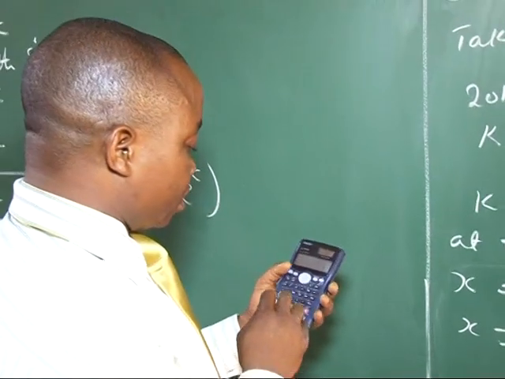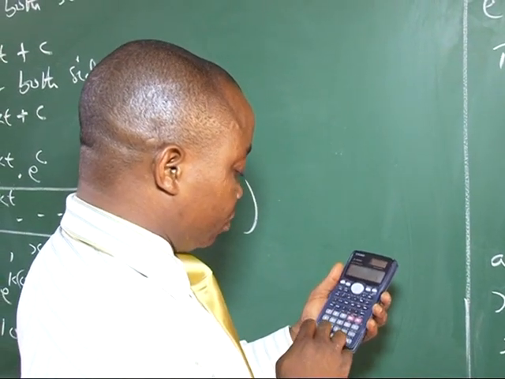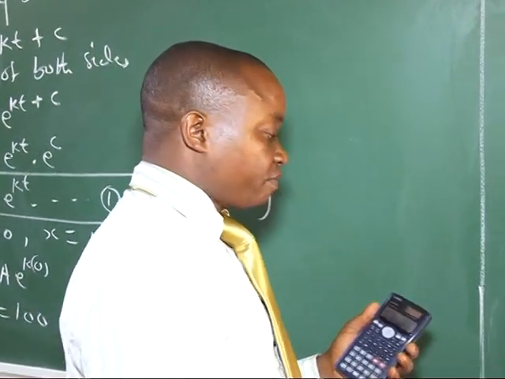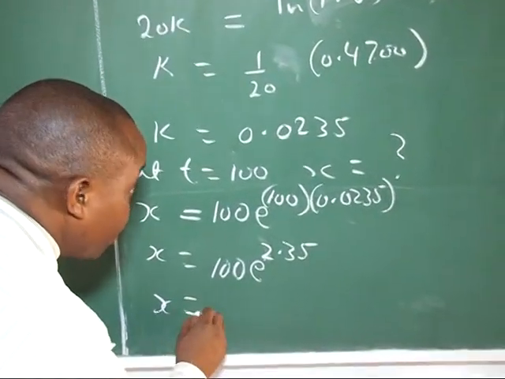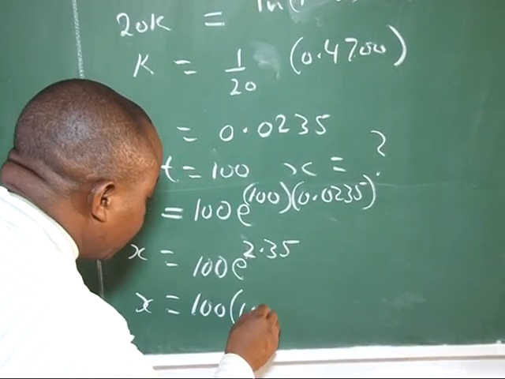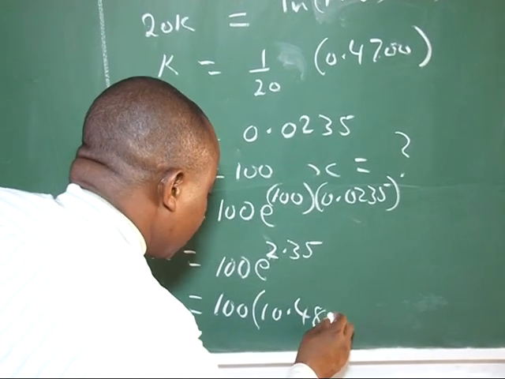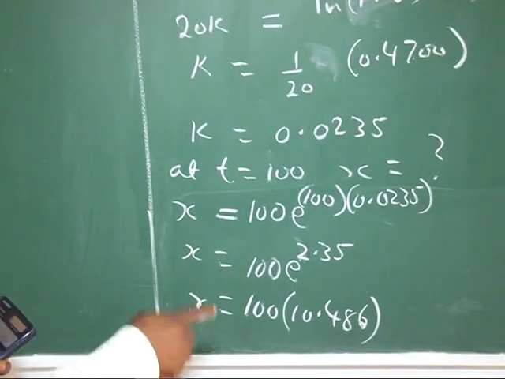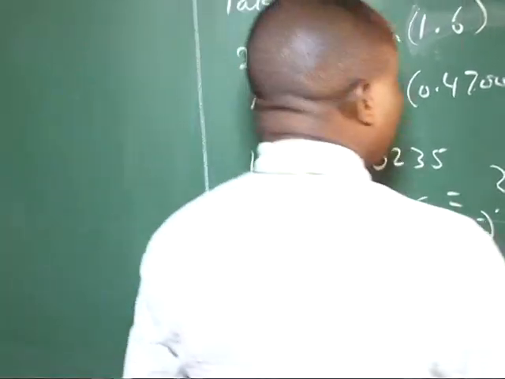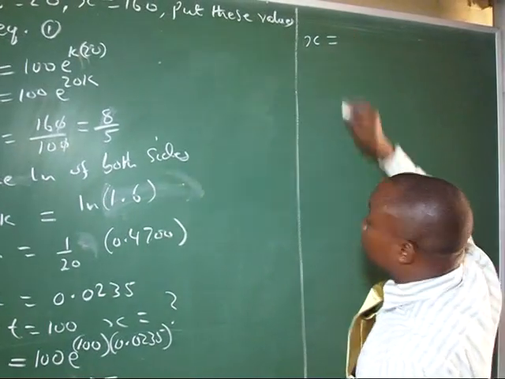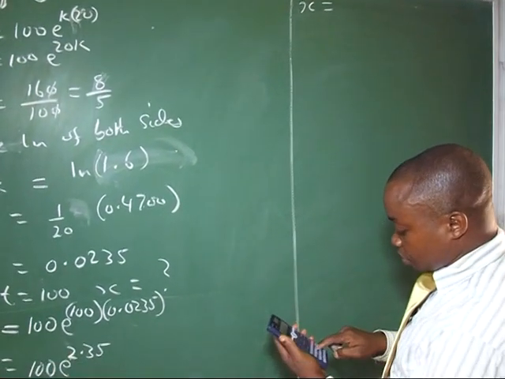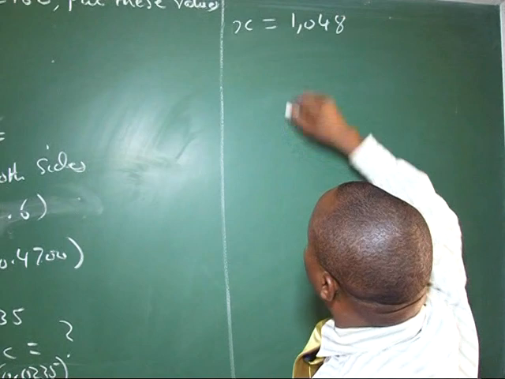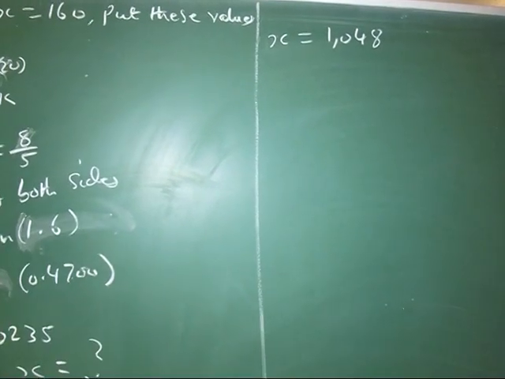Of course, exponential 2.35 is giving us 10.486, approximated. Now x is equal to this times 100, which gives us 1048.